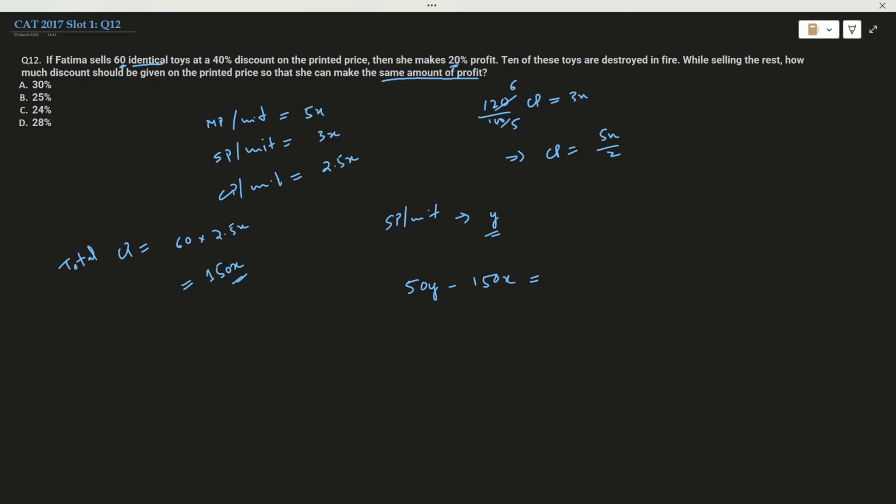So initially she made a profit of 20%. That means 20% of 2.5x into 60, because earlier there were 60 toys.